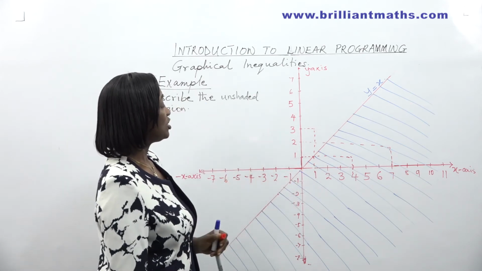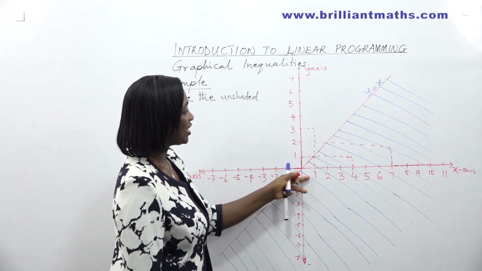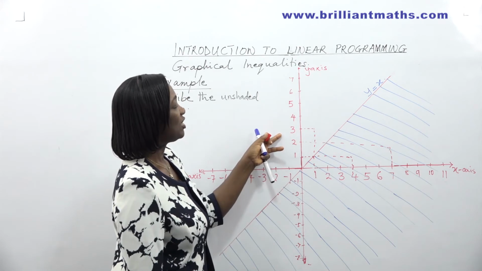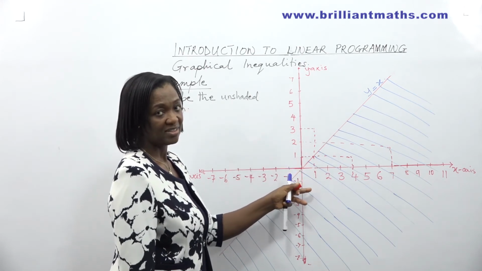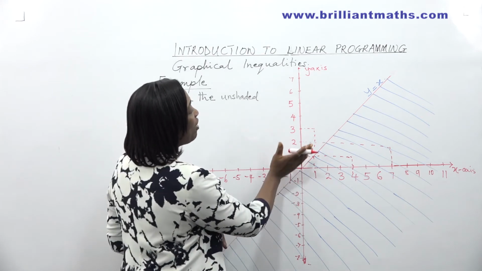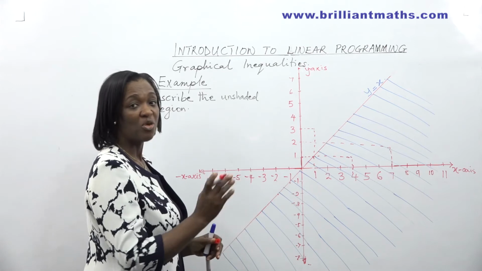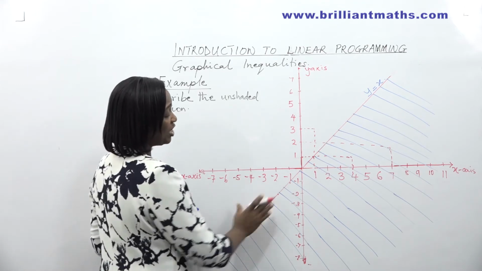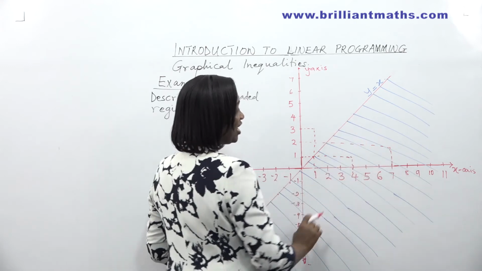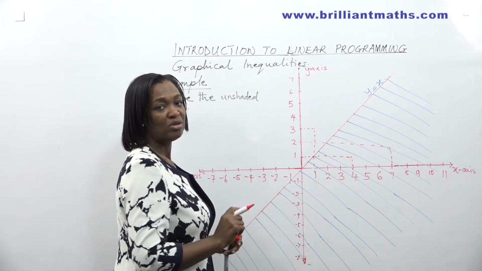That's in the unshaded region. If y is 3 and x is 1, it satisfies y being greater than x. So the region above the line is a region where y is greater than or equal to x, and the region below the line is a region where y is less than or equal to x.